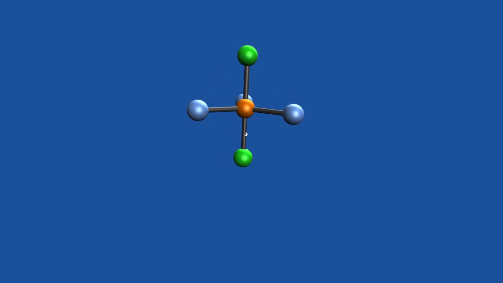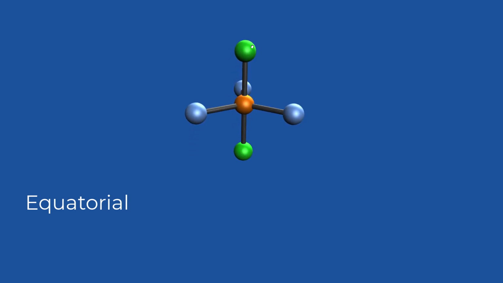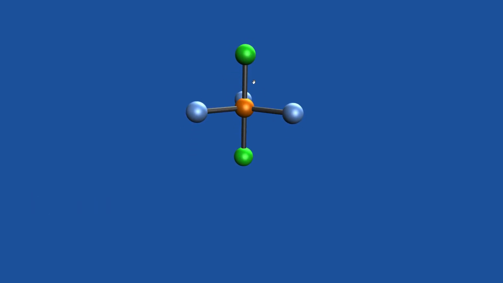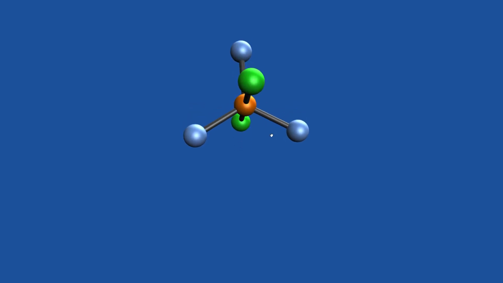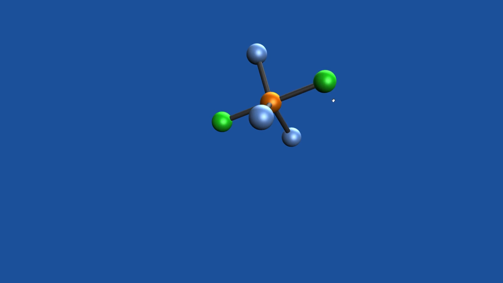The green positions here are what are known as axial positions because they form an axis straight through the central atom. The purple positions here are what are known as equatorial positions because you can essentially think of them as forming an equator around the center of this central atom. And the geometries around these various positions change importantly because of that.